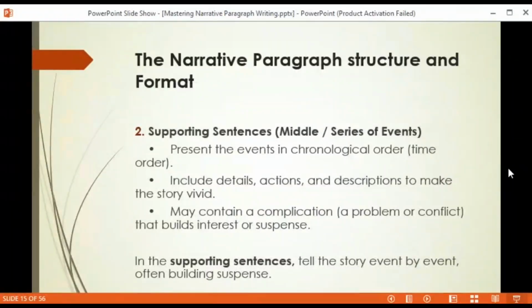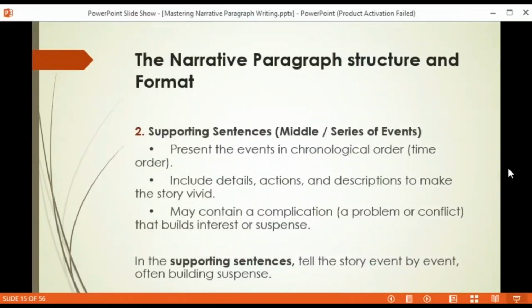After the topic sentence, we have the supporting sentences. The supporting sentences should be at unity and coherence with the topic sentence. It's the middle and the series of events. Presents the events in chronological order, time order, include details, actions, and descriptions to make the story vivid.